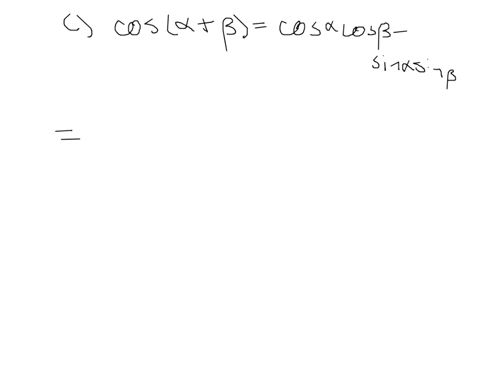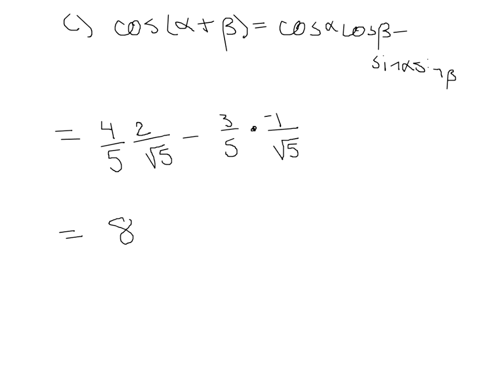Okay, so looking at the previous 2 pages, cosine alpha is 4/5, cosine beta is 2 over the square root of 5, minus sine alpha, which is 3/5, and sine beta is minus 1 over the square root of 5.